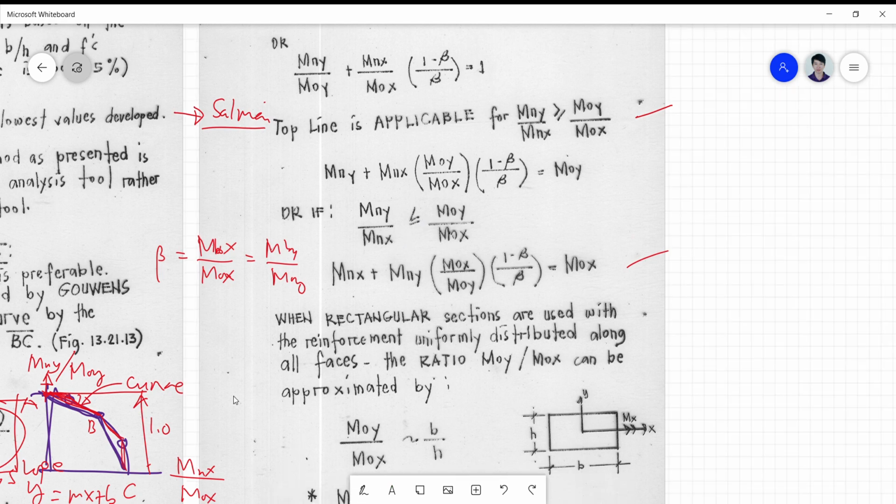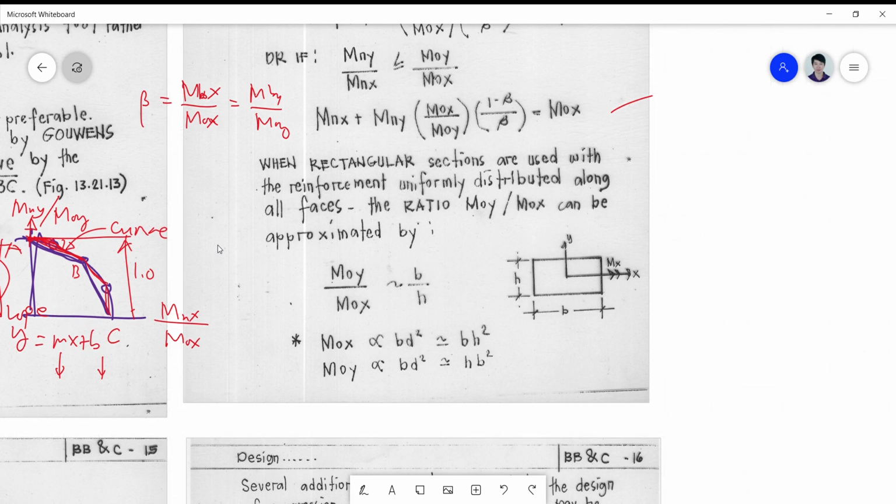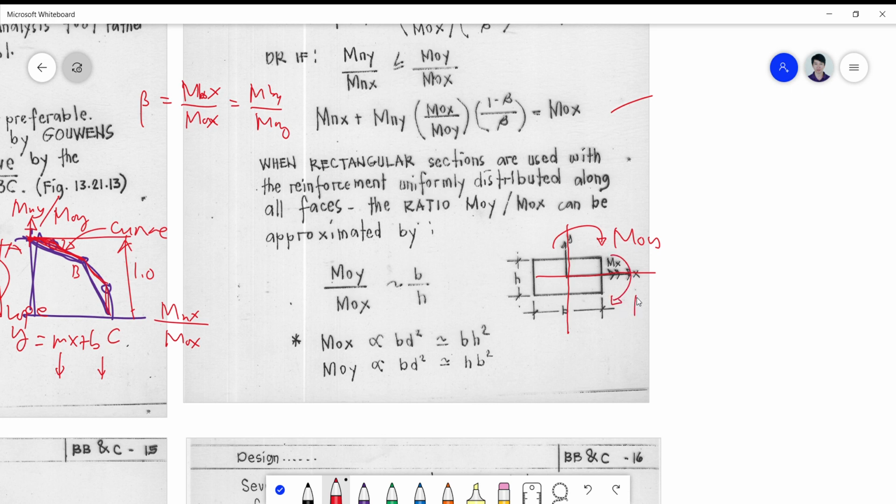So when your rectangular sections are used with the reinforcement uniformly distributed along all faces, the ratio of MOY over MOX can be approximated by this. The good thing about this extension is that MOY is the moment about the y-axis here, and MOX is the moment about this here.